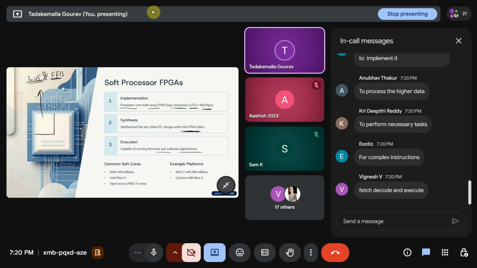Okay, for running your operating systems or your applications, you need a processor. That is where you are going to use a processor. Is it clear for everyone? Okay, if you want to develop or run your custom application or your operating system, then you definitely need a processor. That is where we need a processor, right?